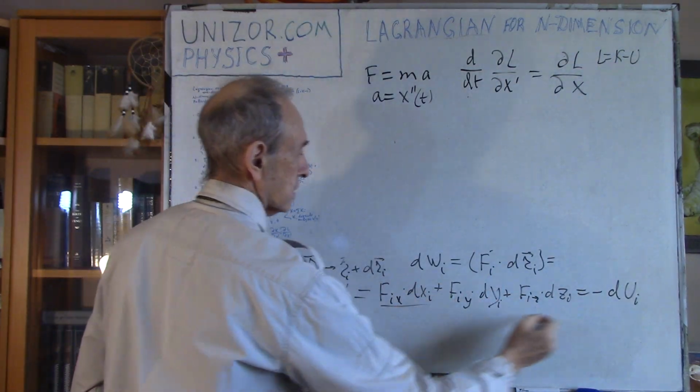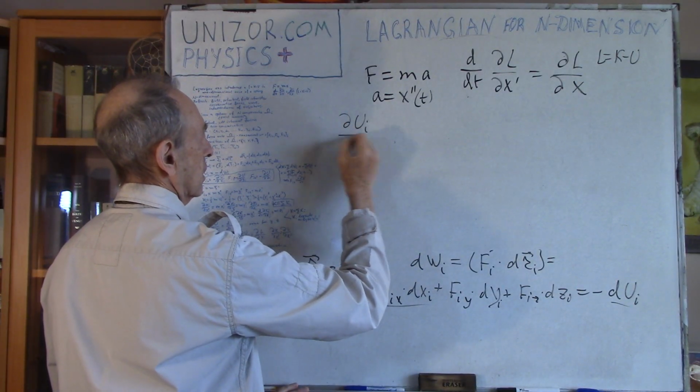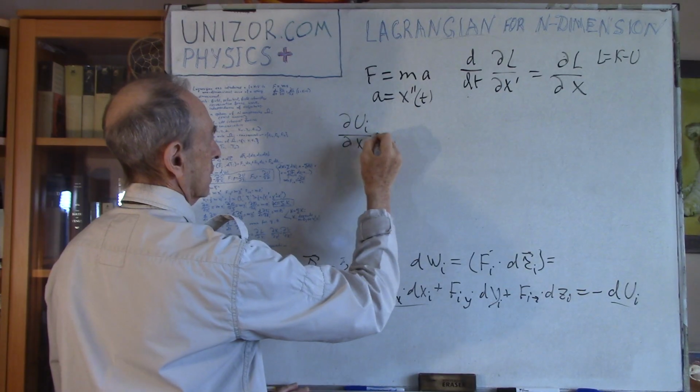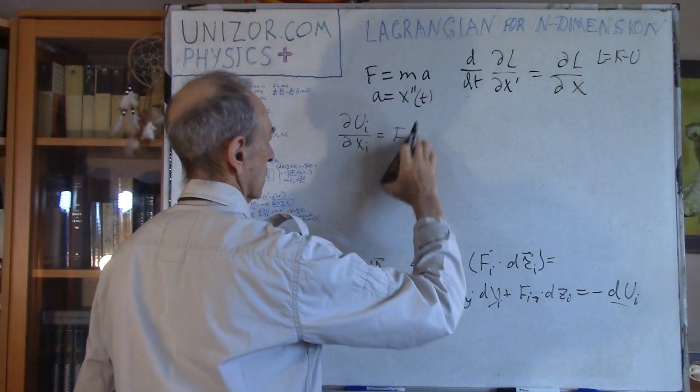Now, if you look at this, you easily see that dui by dxi is equal to fix, I use ix actually.